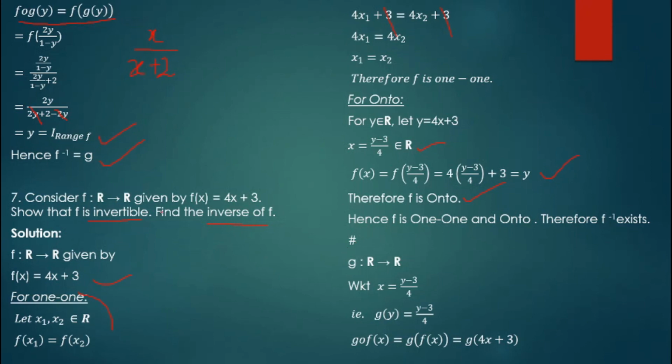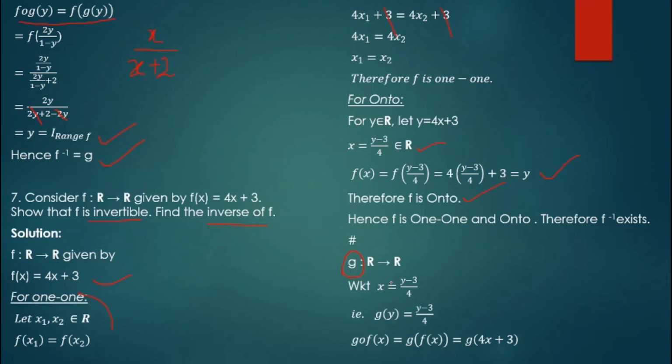Next, find the inverse of f. So g is such that, we take a new function, f inverse is equal to g. From the definition we have learned we can take g. So here we are taking the inverse of f as g, R to R. When we interchange domain and codomain, in the case of inverse it doesn't make any difference, because both are the set of real numbers.